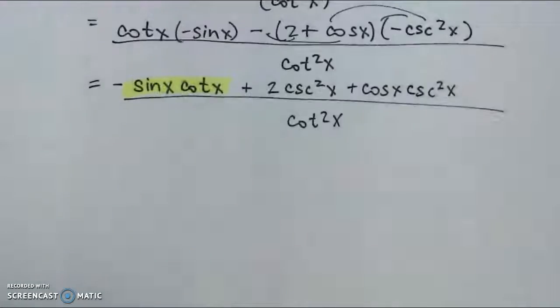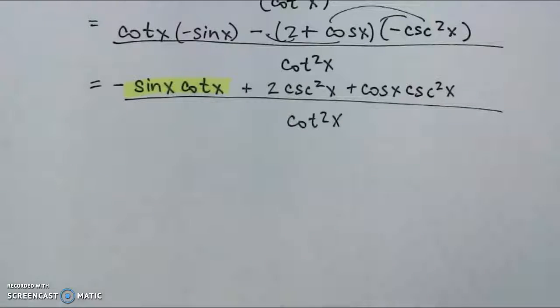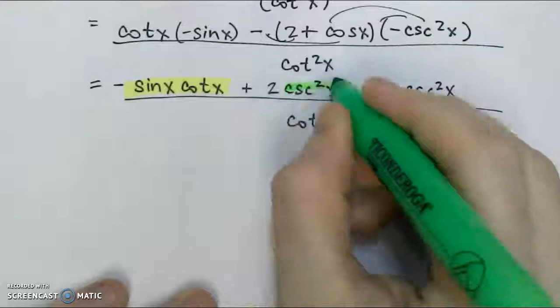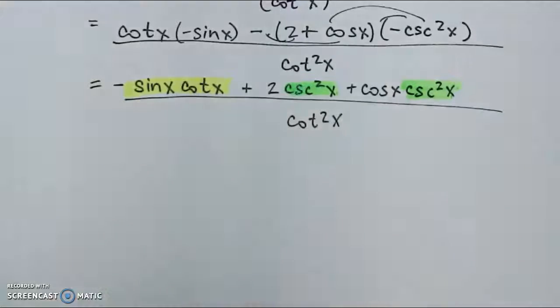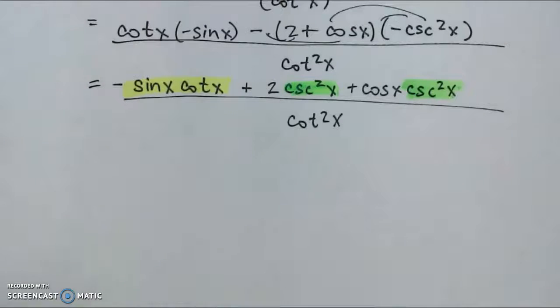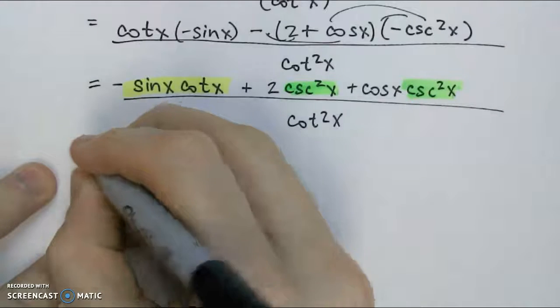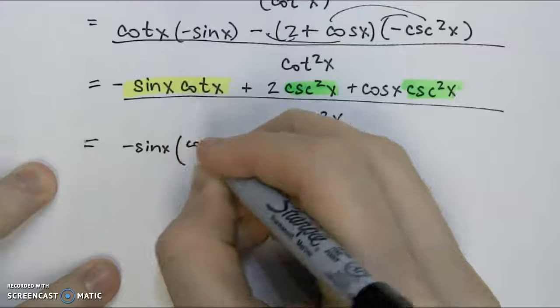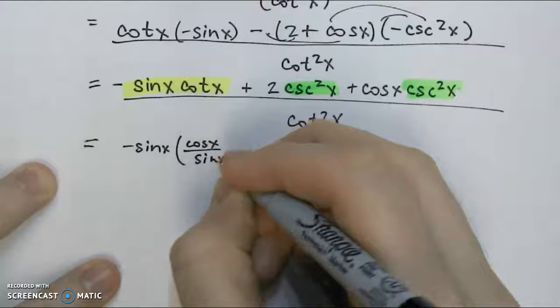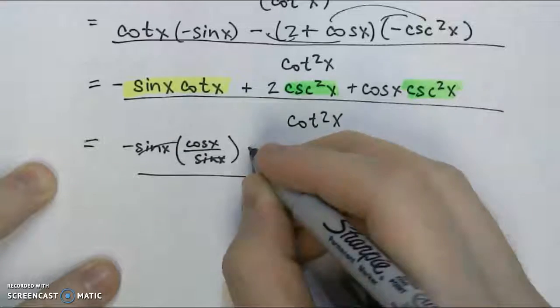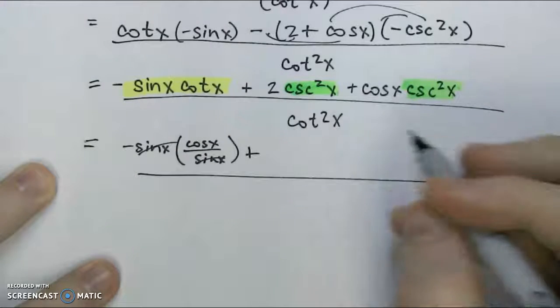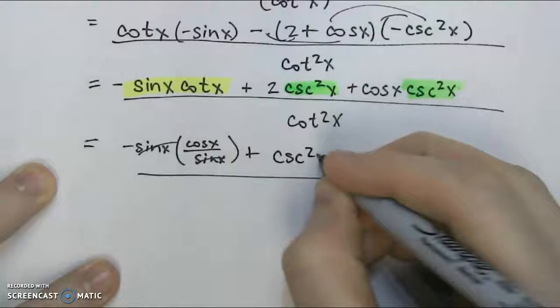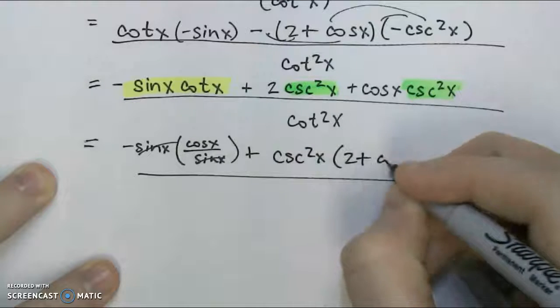I also notice over here that we could factor out a cosecant squared. So if I reduce this first part, I'm going to change cotangent into cosine over sine, which cancels my cosine. I'm going to factor out a cosecant squared, which leaves me with 2 plus cosine x.